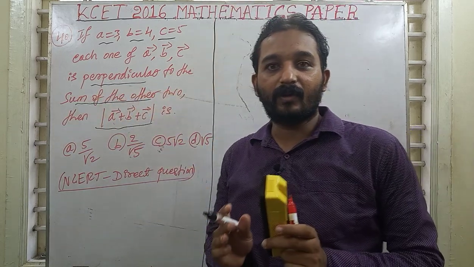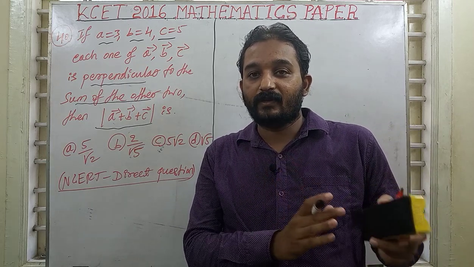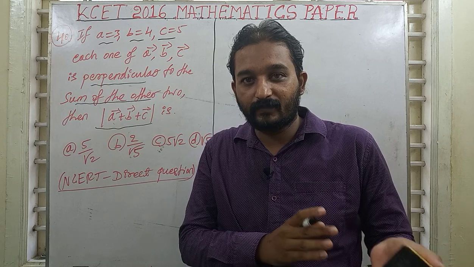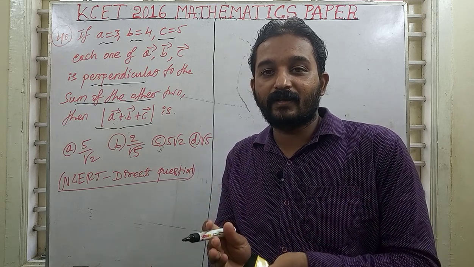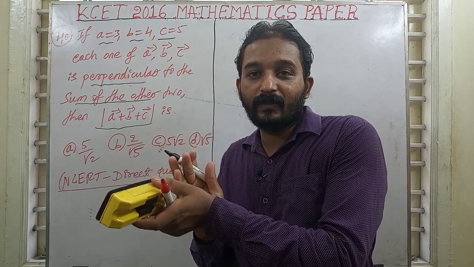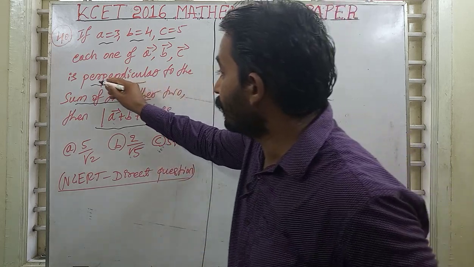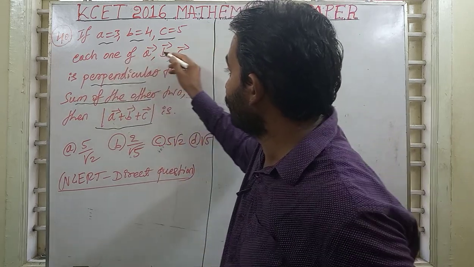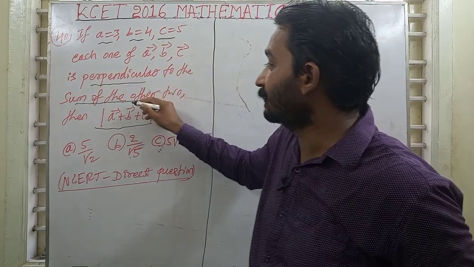Using the formula, magnitude of A plus B plus C whole square is equal to magnitude of A square plus magnitude of B square plus magnitude of C square plus 2 into A dot B plus B dot C plus C dot A. In this case, 2 into A dot B plus B dot C plus C dot A vanishes, because each one of the three vectors is perpendicular to the sum of the other two.